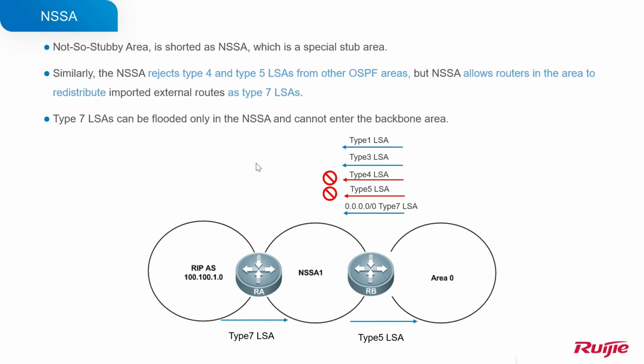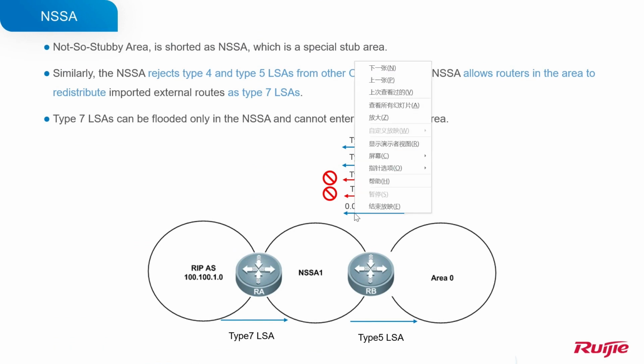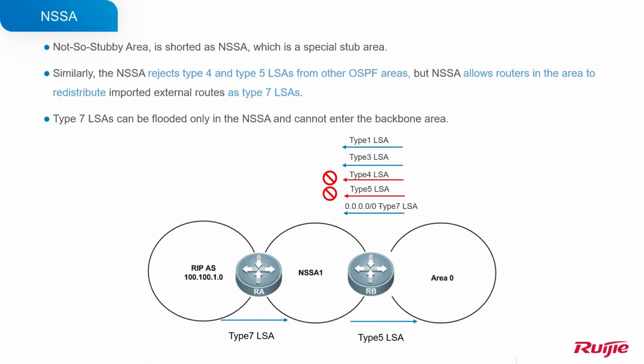And the NSSA area is the same as the stub area because the NSSA area rejects the type 4 and type 5 LSA information. So for the NSSA area, we don't need to know the detailed information about type 4 and type 5. Okay. So here we can see instead of the type 4 and type 5 LSA information, we use the 0.0.0.0 routing entry to access the network.